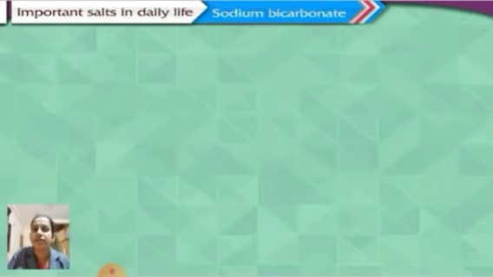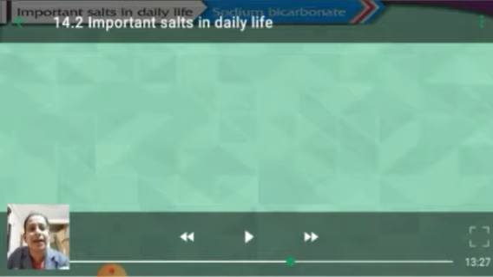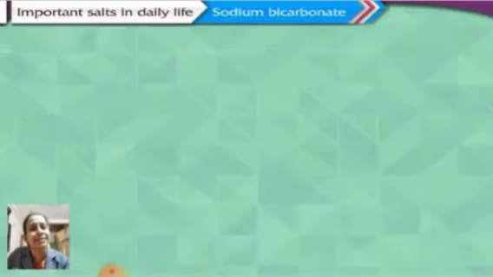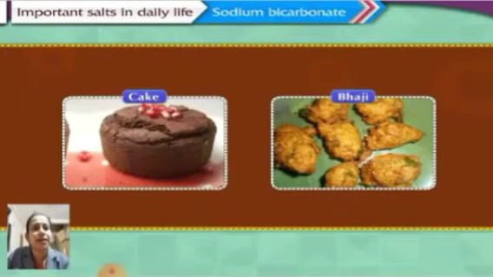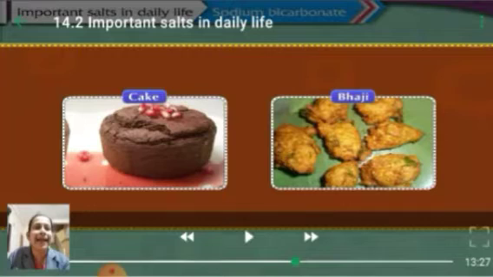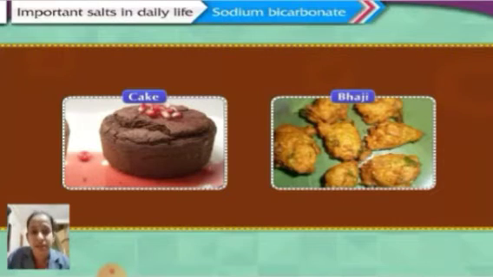Let us proceed further with the next salt, that is sodium bicarbonate, also called baking soda. You might have seen crisp cake and bhajis which are made by using sodium bicarbonate. Why are they crispy?